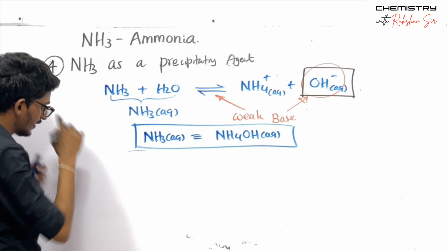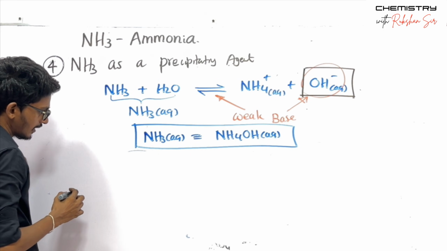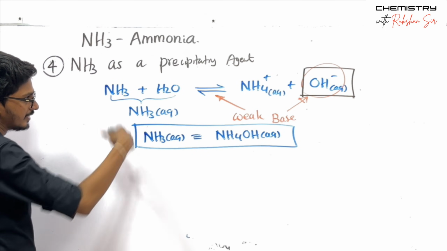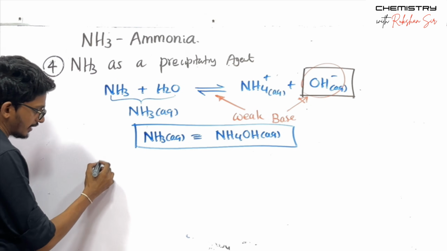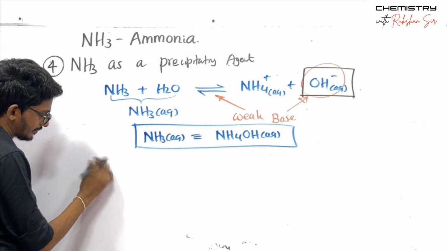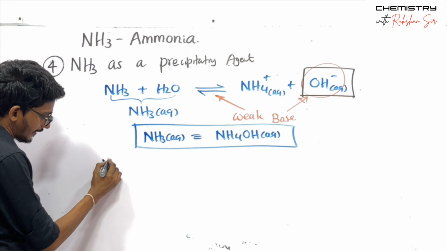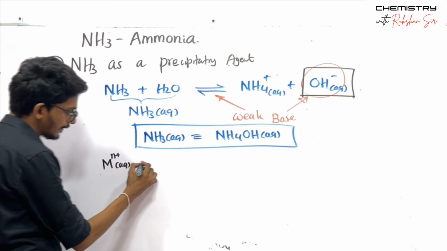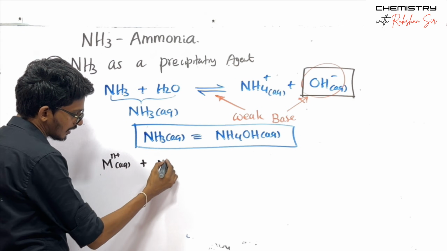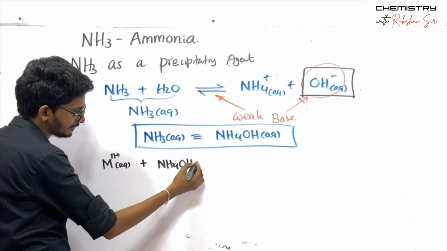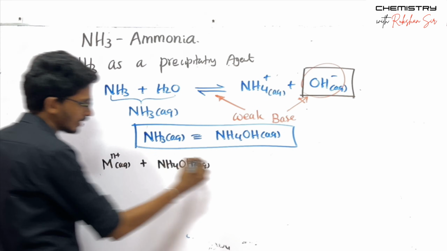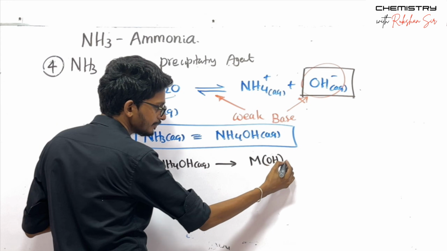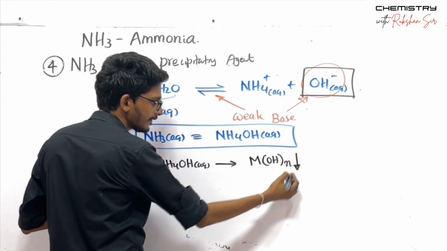So with all the cations which are capable of precipitating hydroxides, NH3 is able to precipitate those hydroxides. So like this, right? Mn plus, the reaction is this, reacts with NH4OH to form the MOH precipitate.